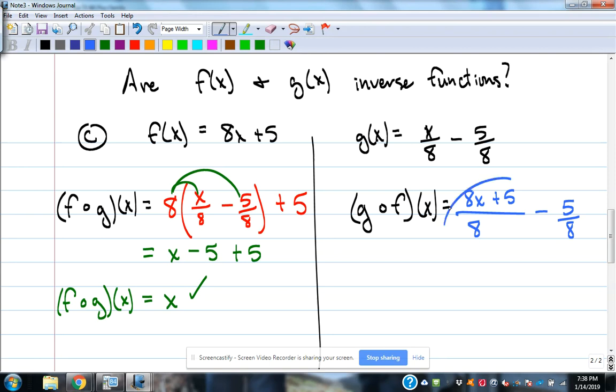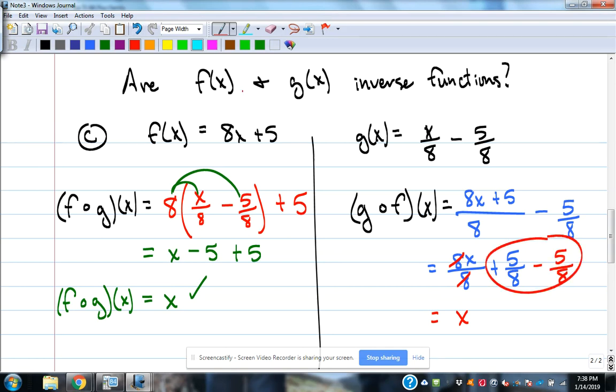Well, this piece right here, I can split that up into 8x over 8 plus 5 over 8, right? Because that's the common denominator idea. And what's 8x over 8? Not 0, 1. It's 1x. And I still have the minus 5/8 from the original. What's positive 5/8 and minus 5/8? 0. They cancel out.